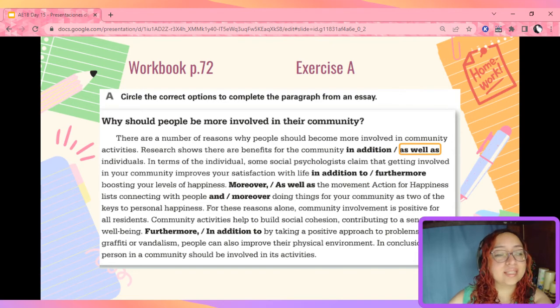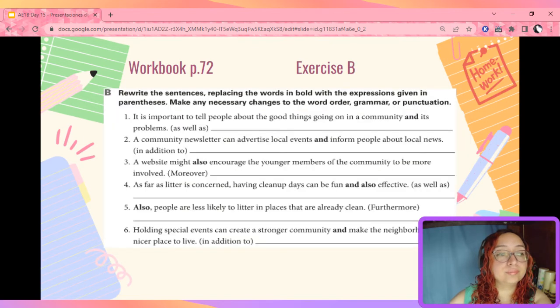Okay, we're going to check this in class. Now, we're going to work on exercise B. Here, you need to rewrite the sentences replacing and or and also with the words in parentheses. Let's do 1 and 2 together. Number 1. It is important to tell people about the good things going on in a community and its problems. Here, it's very simple.